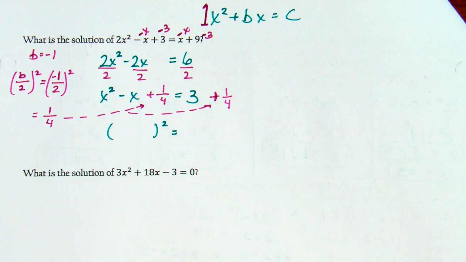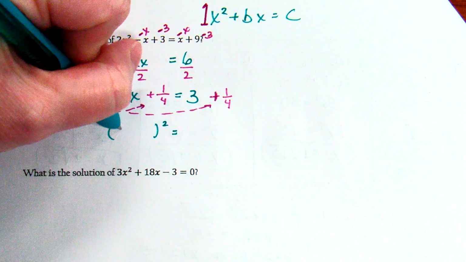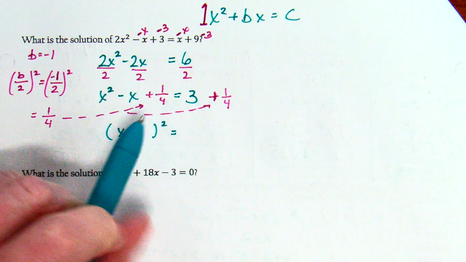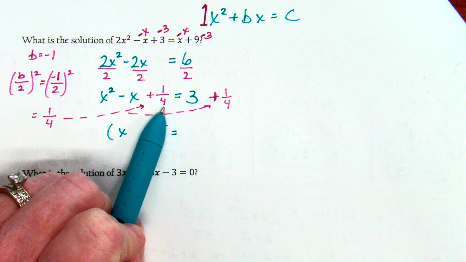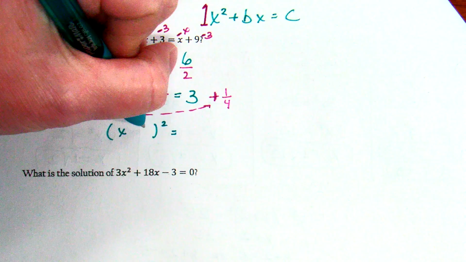The square root of x squared is x, so we put an x out front. Then the square root of 1/4: square root of 1 is 1, square root of 4 is 2, so 1 over 2, 1/2.